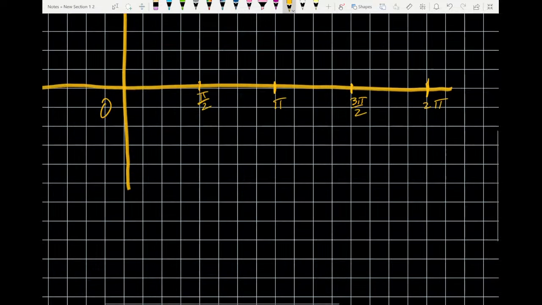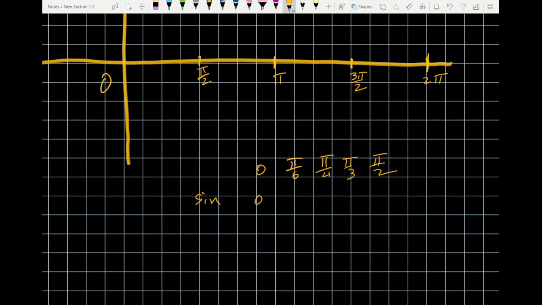Let's look at this. Do you guys remember 0, then pi over 6, pi over 4, pi over 3, and pi over 2 for sine? We had 0, 1 half, square root of 2 over 2, square root of 3 over 2, and then 1. Okay?